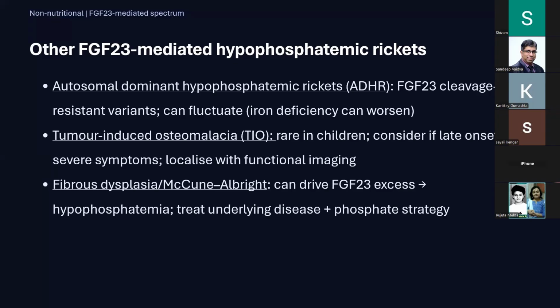Fibrous dysplasia or McCune-Albright syndrome, as we know, can drive an FGF axis, which causes hypophosphatemia. We should first treat the underlying disease and pathology, followed by a phosphate strategy.